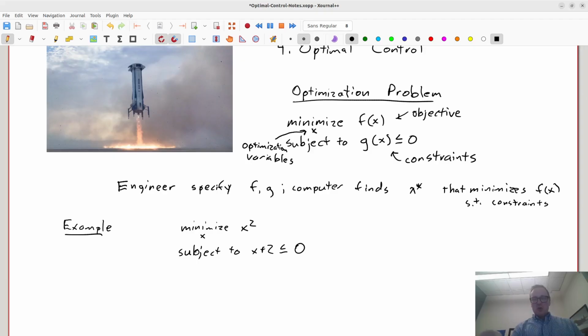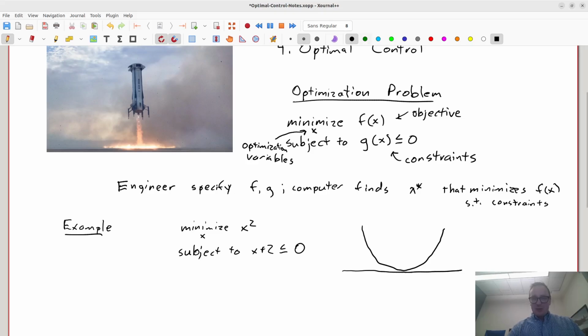So I can draw this function and we can just inspect it visually to see what the minimum is. So here's my function x squared. And if I say that x plus 2 is less than or equal to 0, that means that x must be less than or equal to negative 2.